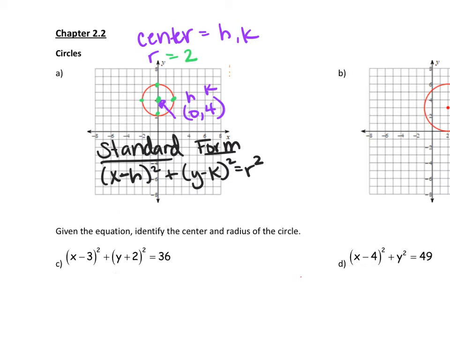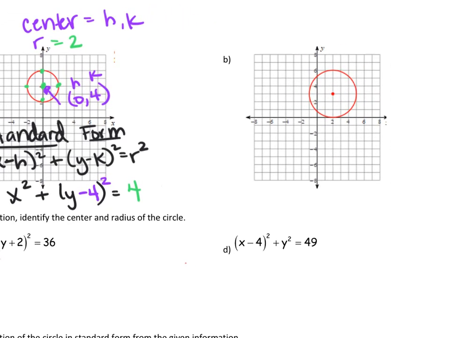So we'll just write x squared plus, the next one we have a positive 4, so we'll do y and change the sign of positive 4 becomes minus 4 squared is equal to our r squared here. Our r was 2, so 2 squared is just 4. And that is the equation of this circle. So again, in this process, all we're doing is identifying a center. Once we identify the center, we go ahead and find the radius.